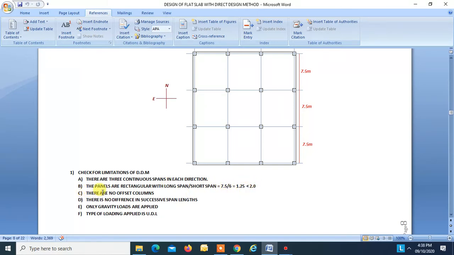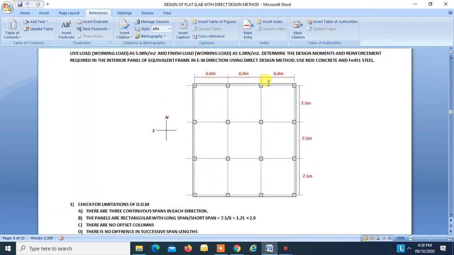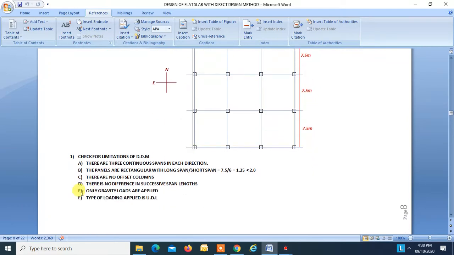There are no offsets in columns. There is no difference in successive span length. This is 6 meters, 6 meters, 6 meters, 7 meters, 7.5 meters, 7.5 meters, and 7.5 meters. Only gravity loads are applied, and the type of loading applied is UDL. So we are satisfying all the limitations of DDM.